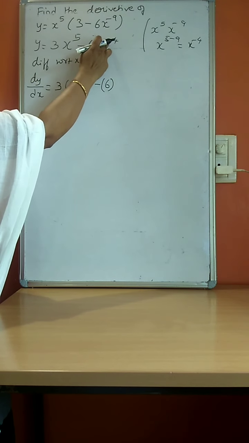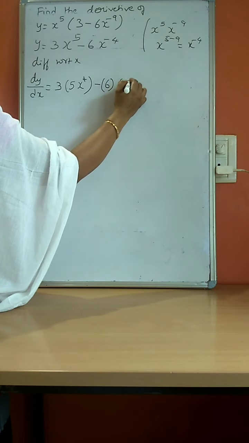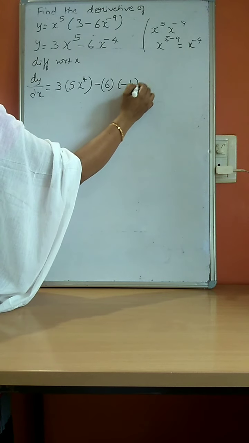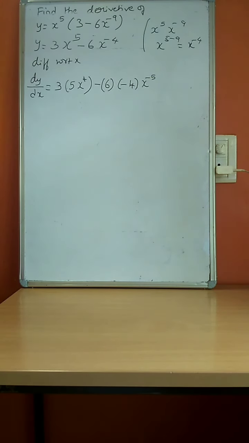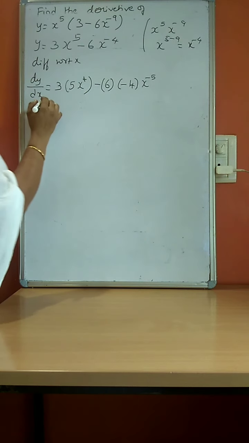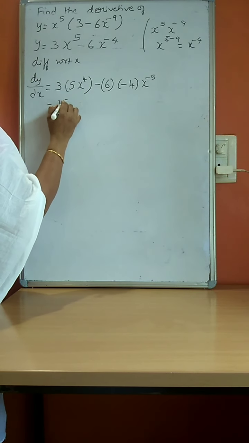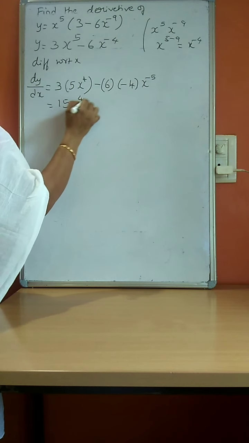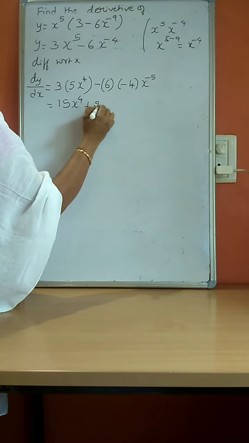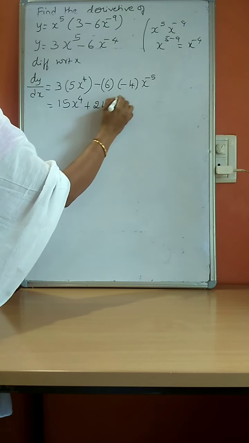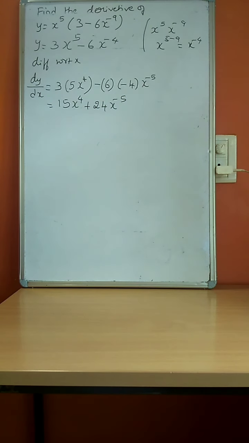Differentiation of x to the power of minus 4 is what? Minus 4 into x to the power of minus 5. Okay, this must be is equal to 15x to the power of 4 minus into minus plus 6 4s are 24 x to the power of minus 5.